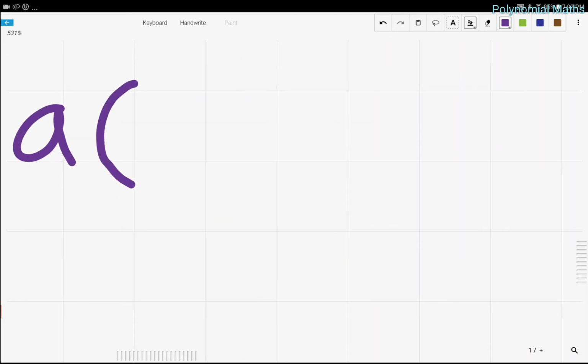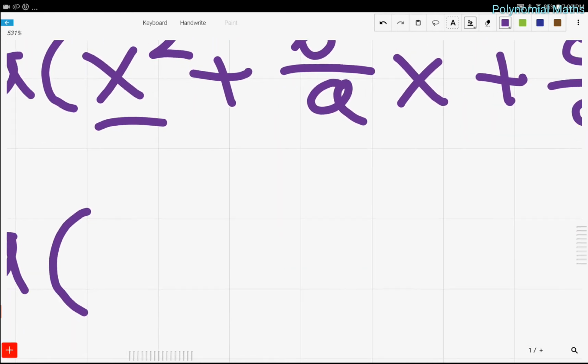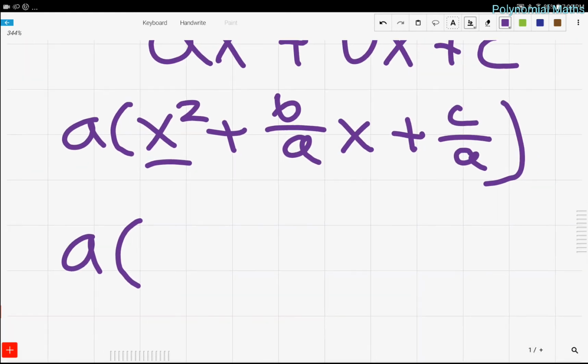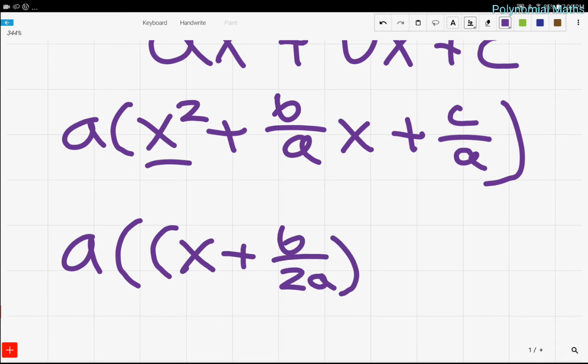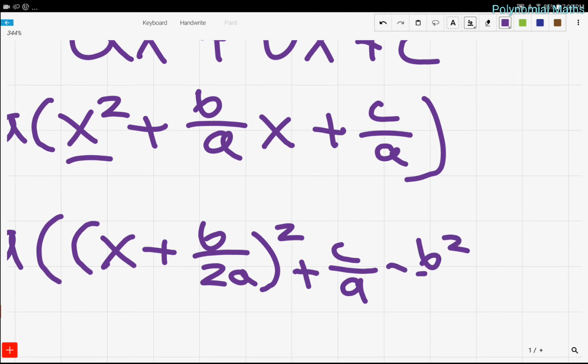So going back to here, we have a times this whole quantity right here. So we can do our complete the square now. So (x plus b over 2a) squared, and then we add the c over a, and then we subtract b squared over 4a squared.